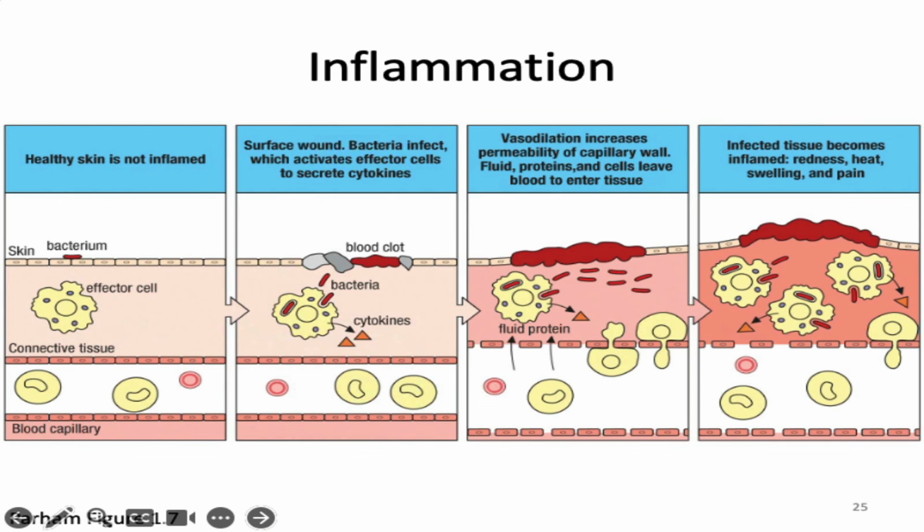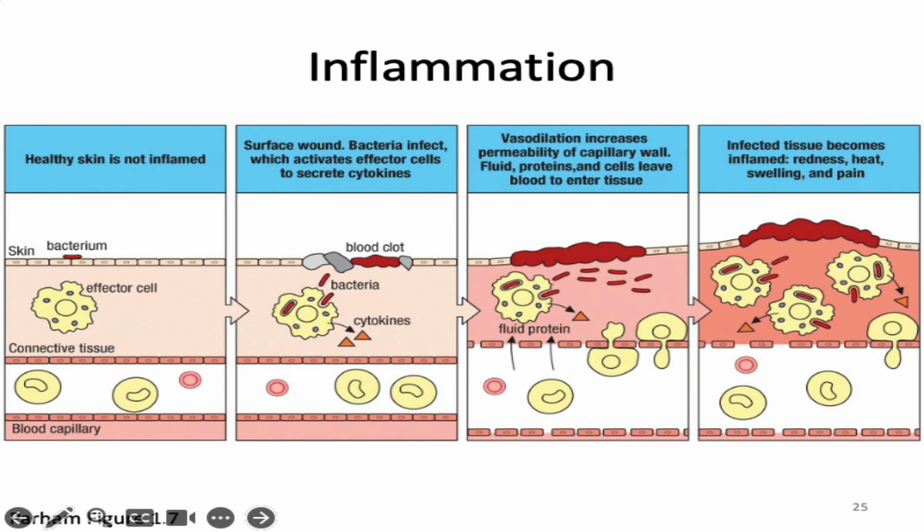So I've told you about this very classic process of inflammation here. And if you look at this image, it shows a bacterial cell. Bacteria is being the pathogen. If the pathogen is instead a virus, some of the details of this process look different.